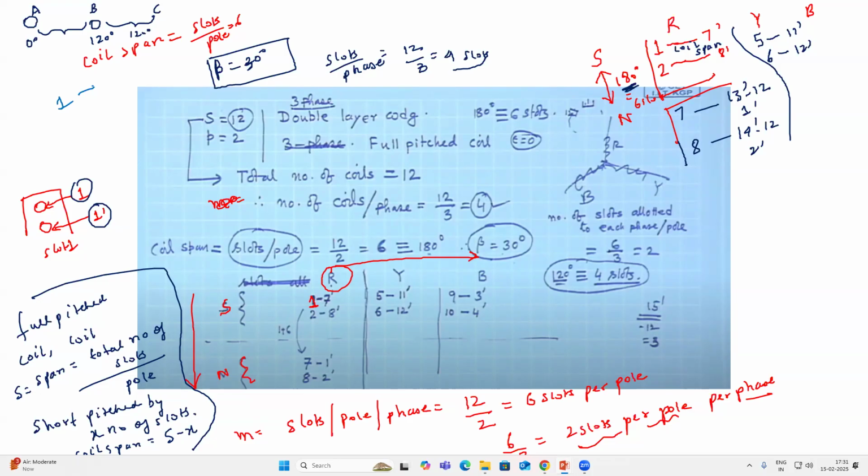It changes because it depends on the number of poles, and it depends on your number of slots. So this will not remain the same. You have to find this out like this. Number of slots you have to identify and then it will be placed like this.